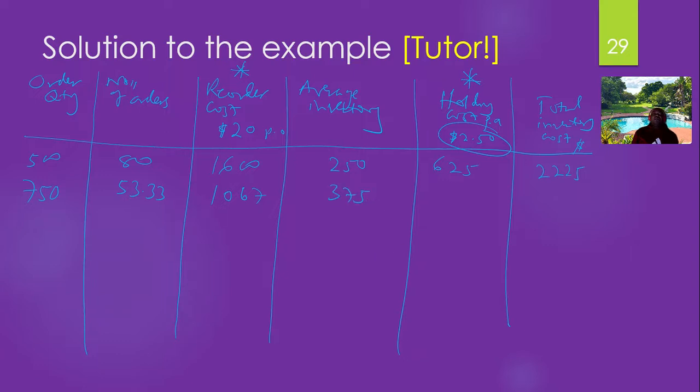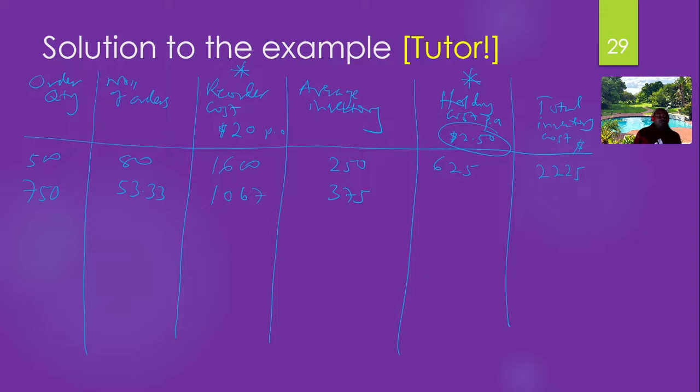And the holding cost per unit, that's 375 multiplied by $2.50, because holding cost is a function of average inventory multiplied by the cost per unit. So 375 multiplied by 2.50, and we have to get our value there.